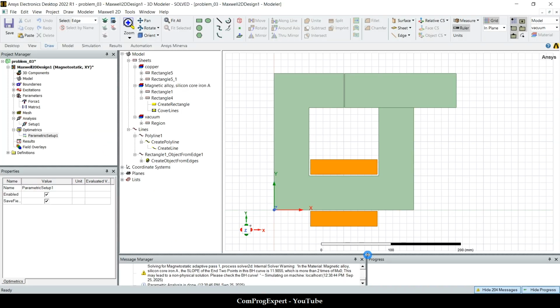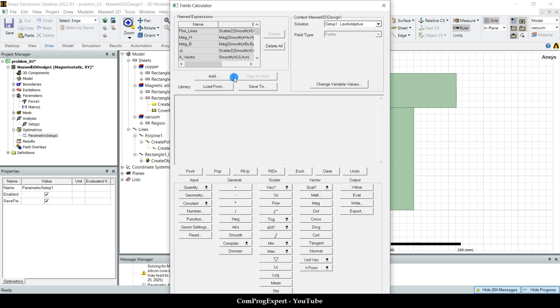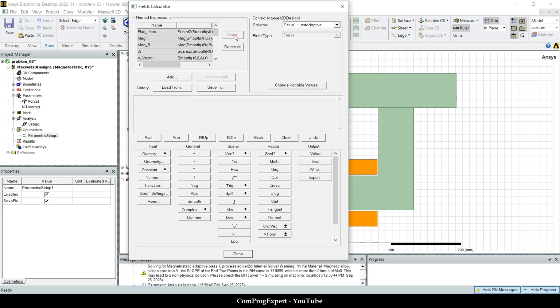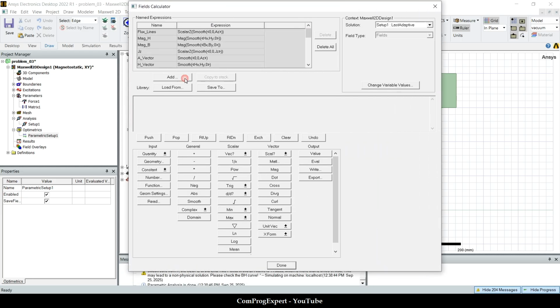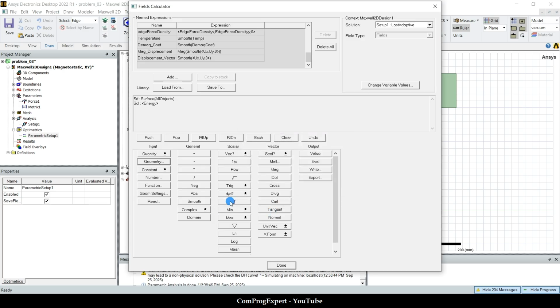So simulations completed. How can we calculate the energy in the Maxwell 2D fields calculator? Let's select this parameter, quantity, energy, okay? And let's select all surface objects, calculate the integral.